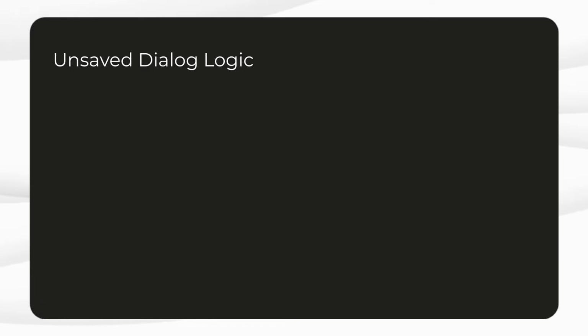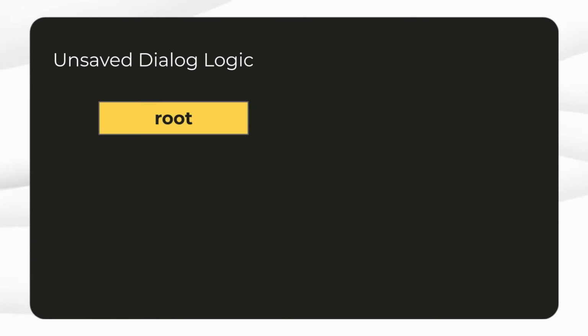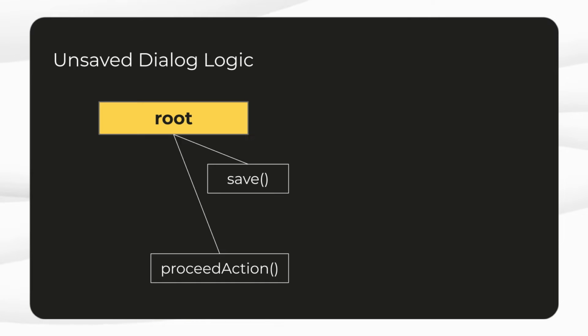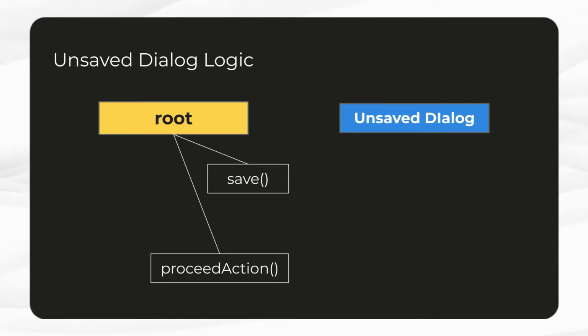Let's now look at the logic of the unsaved dialog. We have the root context, and it has a save method and a proceed action method. We also have the unsaved dialog context, which is a separate component. When there is unsaved progress, the root context will create a new unsaved dialog.